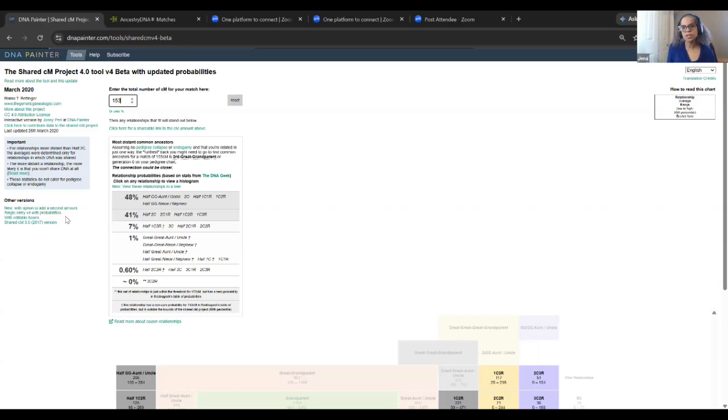The numbers can be inflated because you share the match in more than one way, and so the numbers are more complicated. That's another reason that if you're plugging it in and DNA Painter is not working the way you expected, that could be happening. So if your DNA results are coming back looking not exactly as expected, those are three possibilities to explore. It does not mean DNA Painter itself is broken.